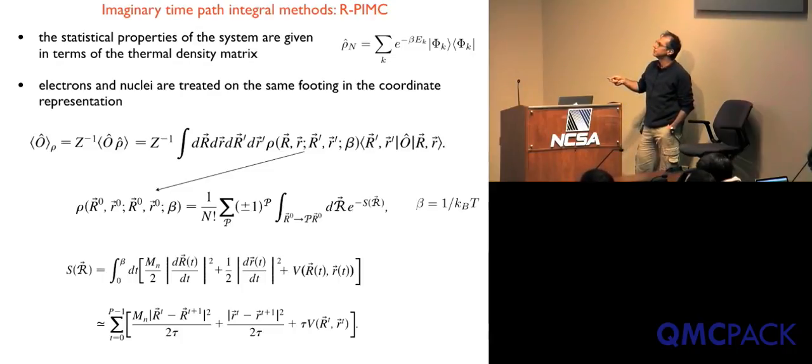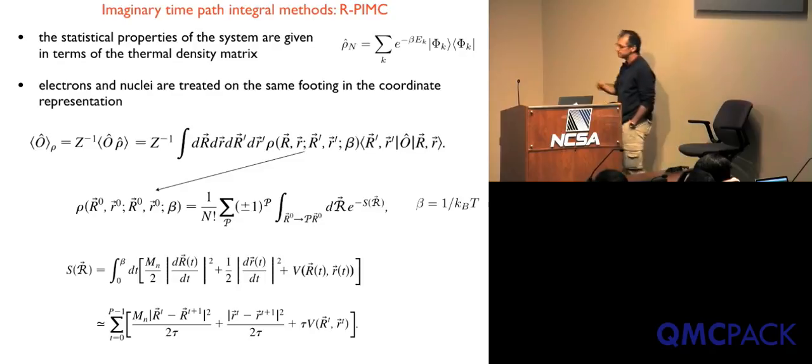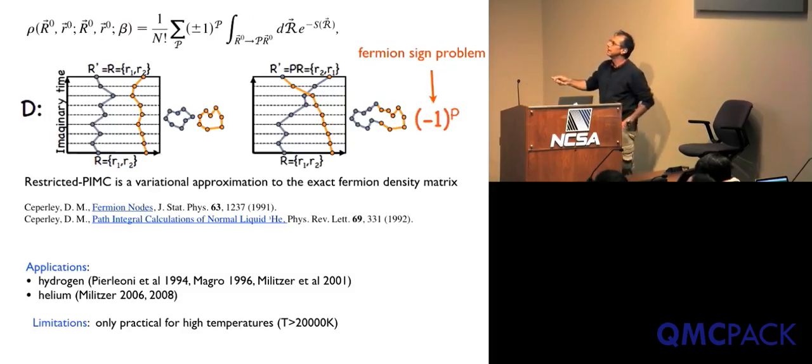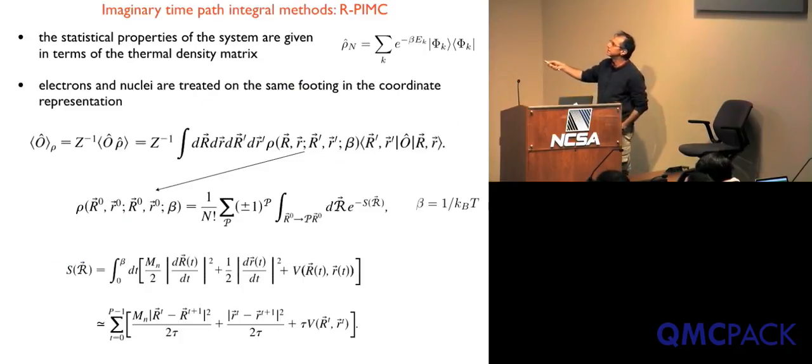And then if you want to compute properties of your system, you have to do this integral. And this is the thermal density matrix. And then you can write the action, in terms of some action in this way. And you sample this imaginary path, all this integral that appears in this form here.